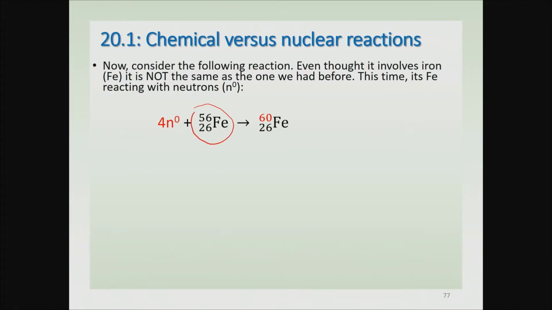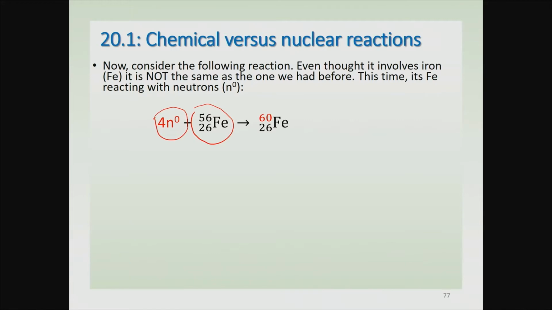The particular iron atoms we were looking at also have 30 neutrons, so the mass number is 56. Now, let's say we took these iron atoms to a nuclear reactor. That reactor is a great source of high energy, high speed neutrons, and we can expose these iron atoms to neutrons. For each iron atom, it will react with 4 neutrons.